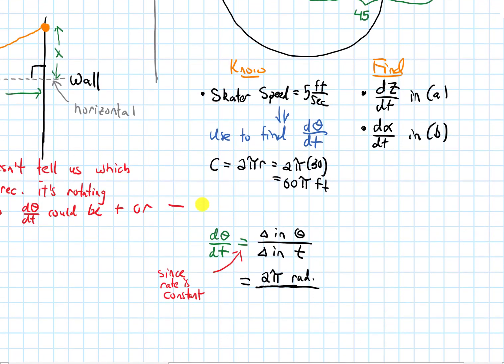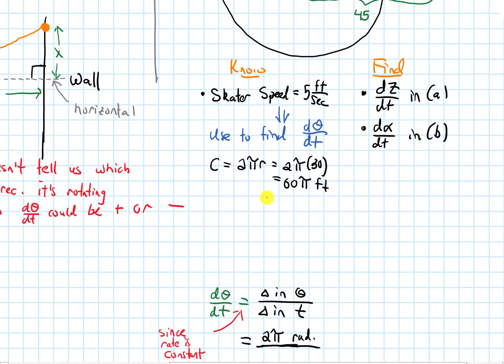To figure out the time that it takes to complete one circle, the skater is going to complete one circle. To find the time, I just take the distance, which is 60 pi feet, and divide it by their speed, 5 feet per second.